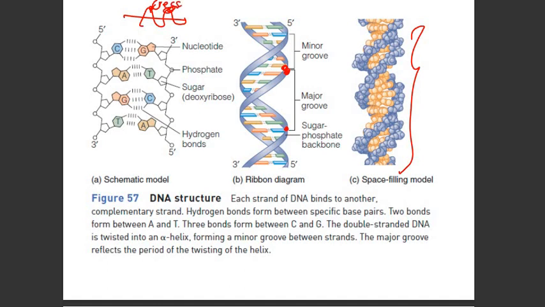So if you have a major depression, we call it a major groove. If you have a small depression, you call it a minor groove. That's what we're going to have if it's put in a ribbon form. These are just the same thing represented in different ways.